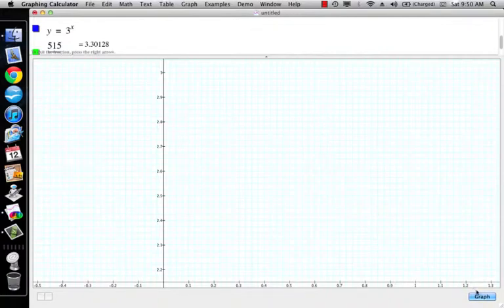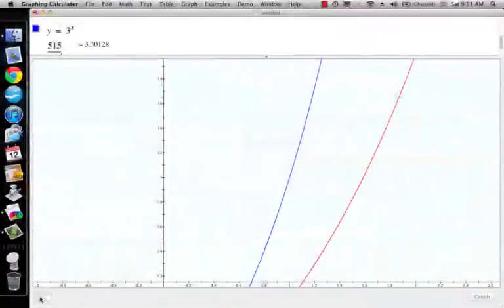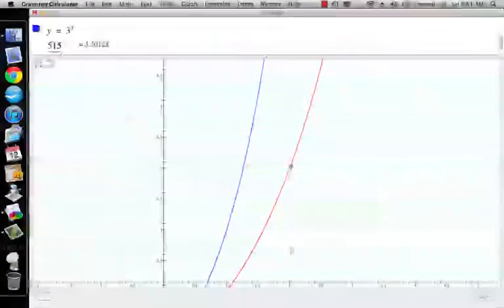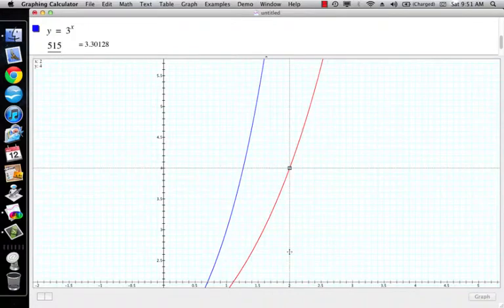Let's do another one on the red. So we're at the point 2, 4.